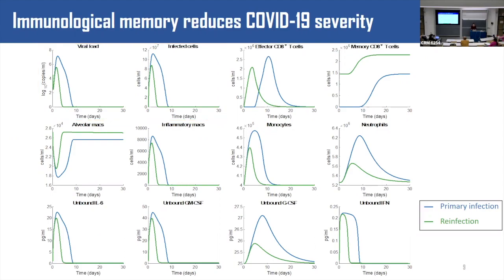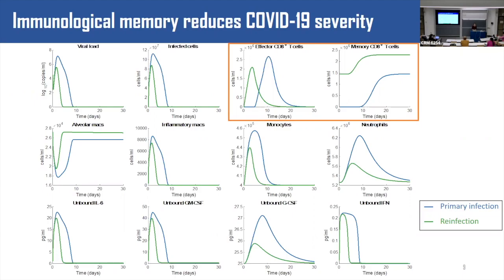Also, compared to the primary infection, effector CD8 T cells are generated without any delay, and they reach the peak very fast. This means in reinfection, the adaptive immune response is enhanced because the memory CD8 T cell pool provides a rapid and effective resource for generating effectors.